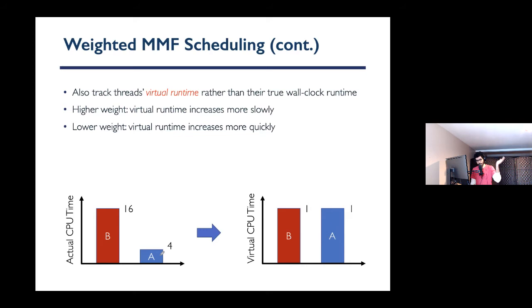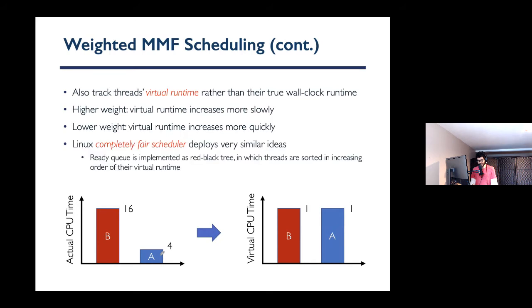So we multiplied time quantum by weight and divided actual time by weight. Both of these together now give us weighted max-min scheduling.